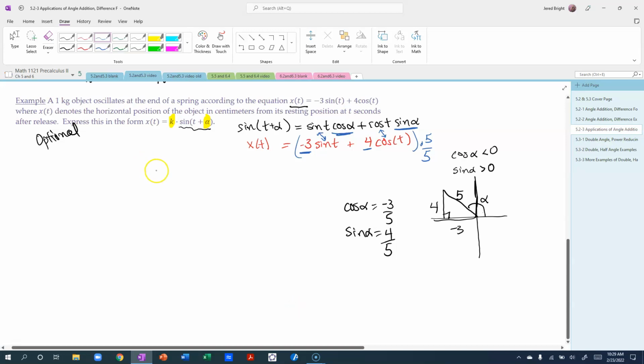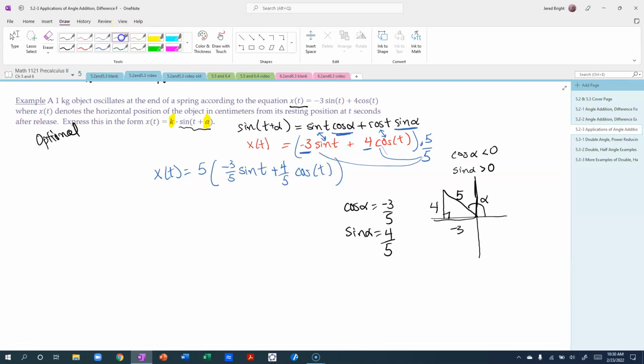So really, x of t is 5, and then I'm going to move this 5 and the 5 that's in the denominator into each term. It'd be 5 times negative 3/5 sine of t plus 4/5 cosine of t.